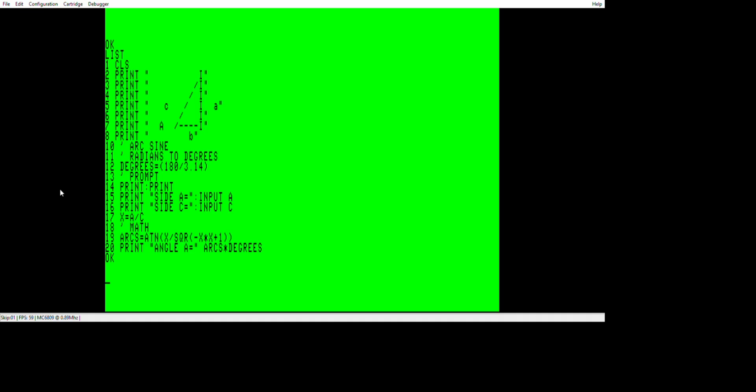So first I draw a picture of a right triangle, and we have sides A, B, C labeled, and angle A is labeled. That's it. And then I start my program by defining arc sine.